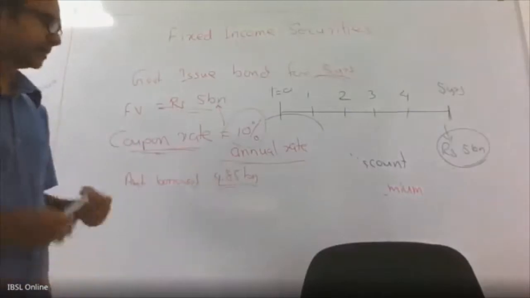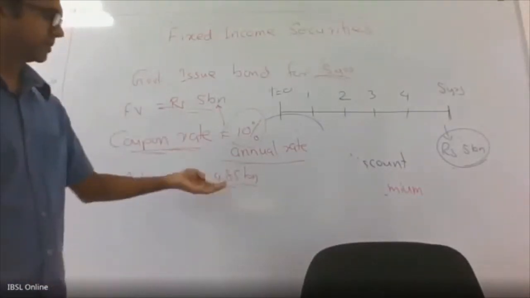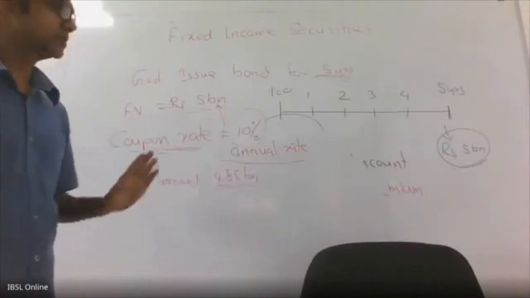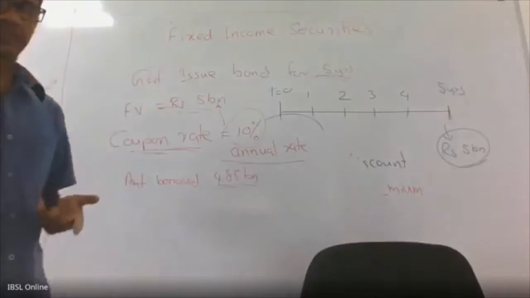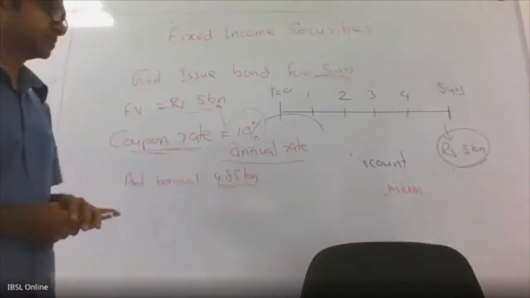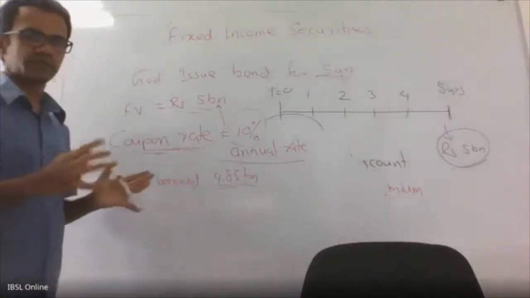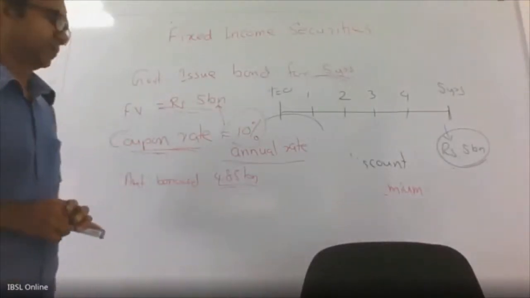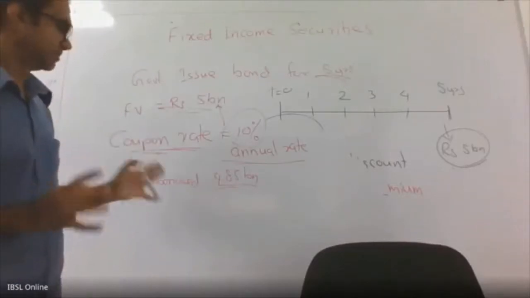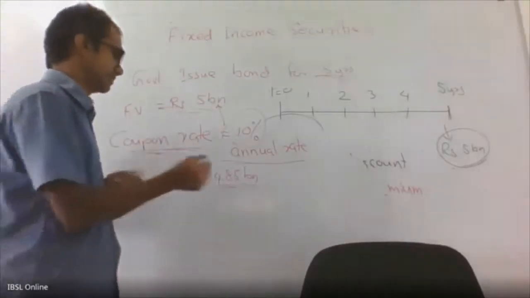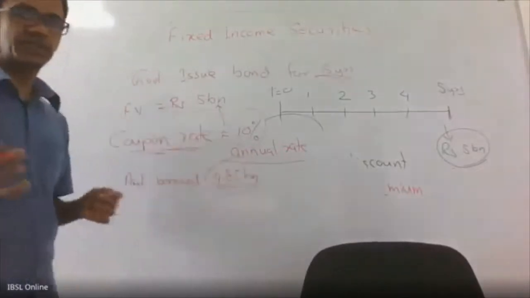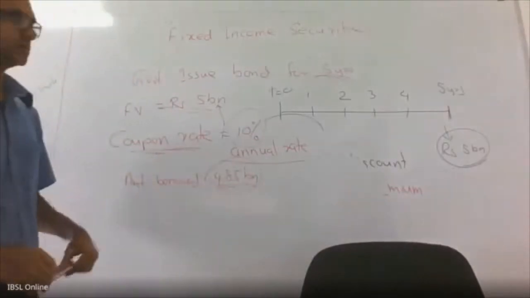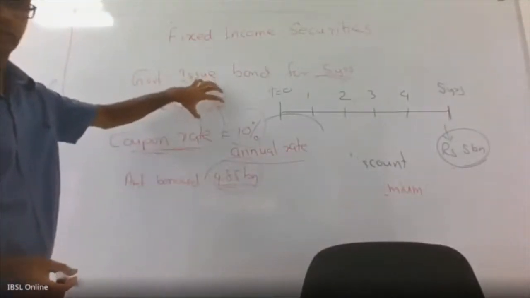On the settlement date, investors give or lend 4.85 billion rupees to the government. Government issues the securities. Now it's electronically recorded, keeping the records of all investors, what are the amounts that they bought. That's the only relevancy of this amount, just to settle it initially in the primary market. After that, we don't worry about this. Everything will be based on this face value.